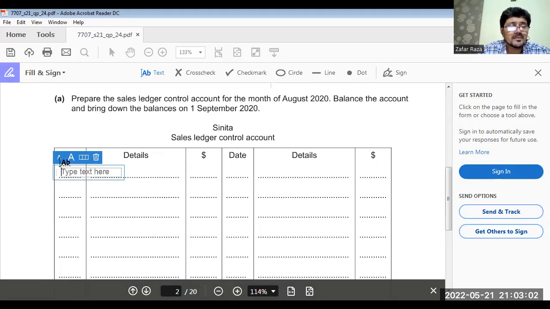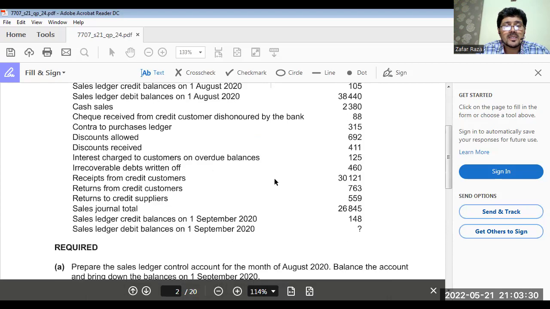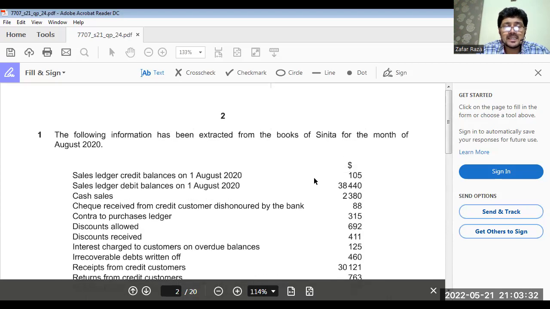We have to write 2020, August 1. Okay. Now there are two opening balances.